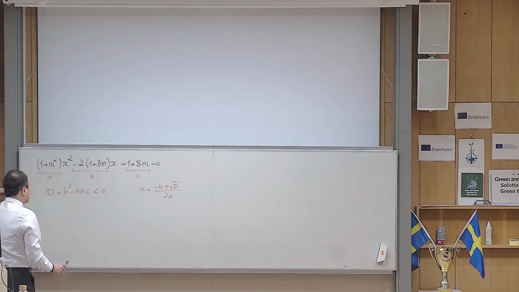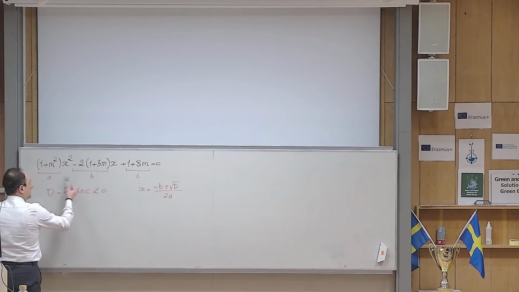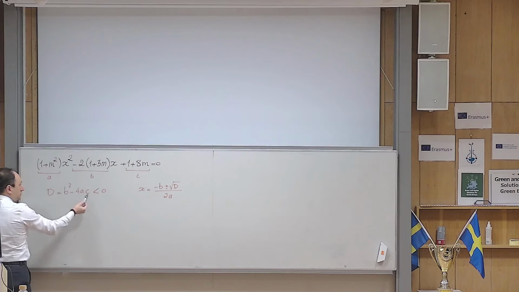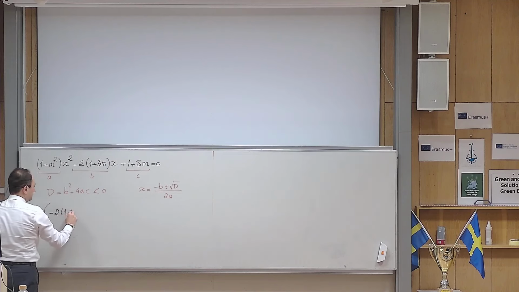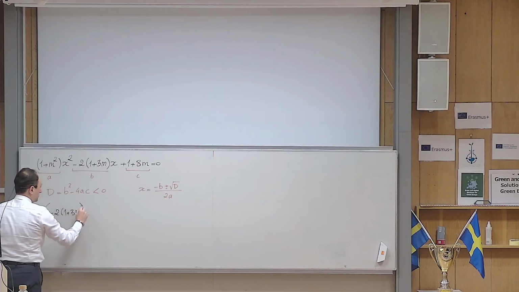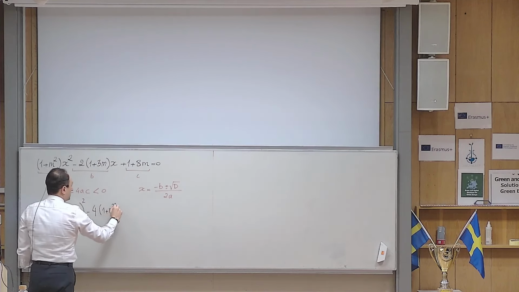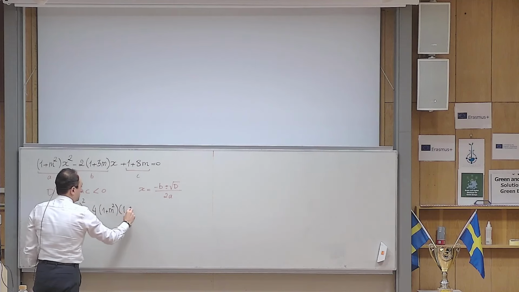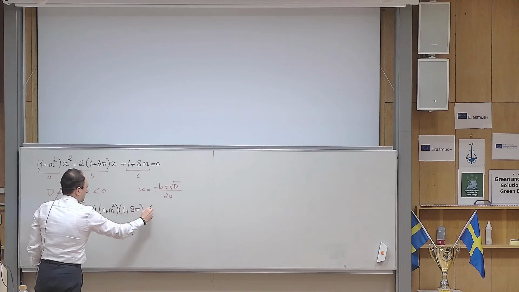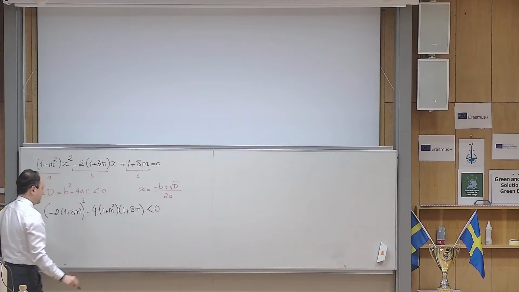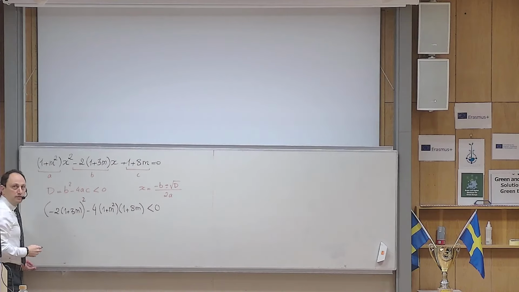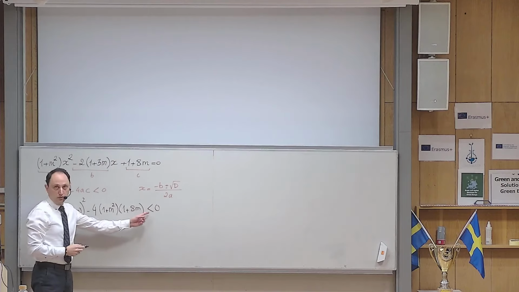So I plug in these expressions for b² − 4ac. b squared is this expression squared, minus 4 times a, which is 1 + m², times c, which is 1 + 8m. This should be negative. Then I do a little algebra and try to solve this inequality.